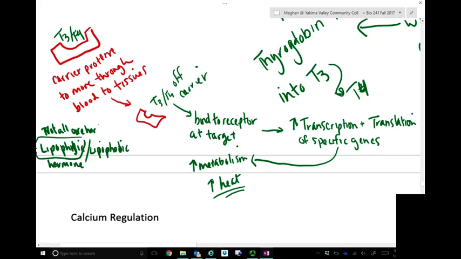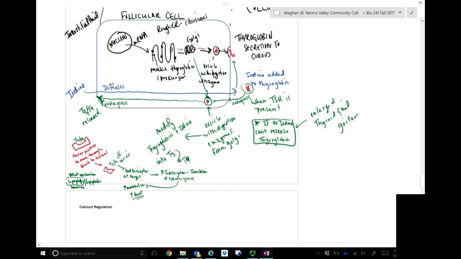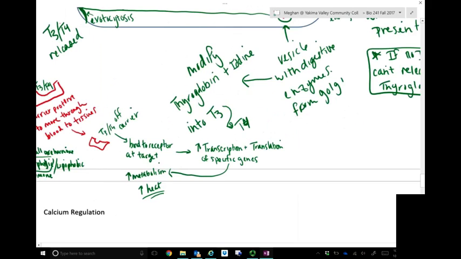In this case, we made it lipophilic by adding iodine to that first original protein molecule, and so that changed it so that over here it was able to just move into the cell by diffusion. So it's a really unique molecule that doesn't really follow the rules that I just taught you. Isn't that nice?